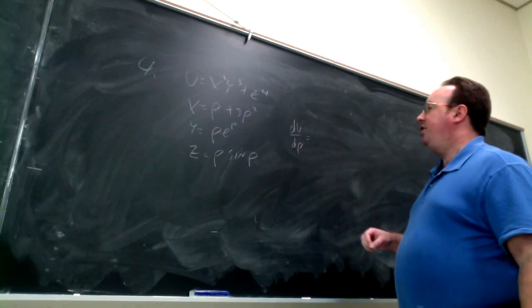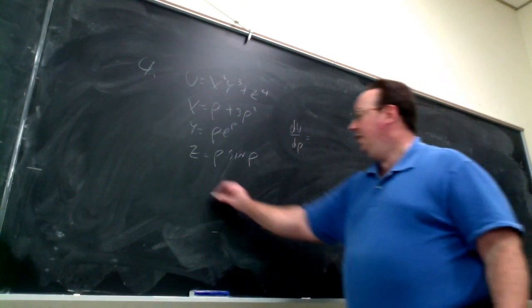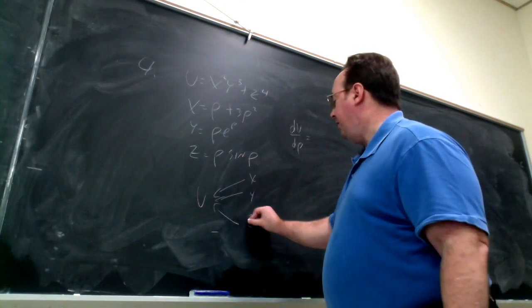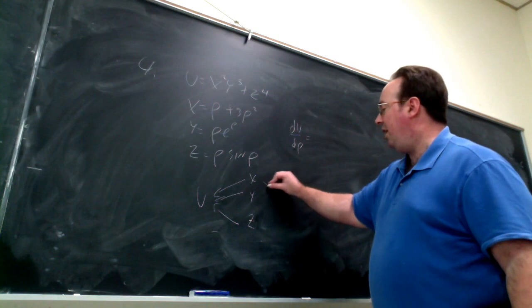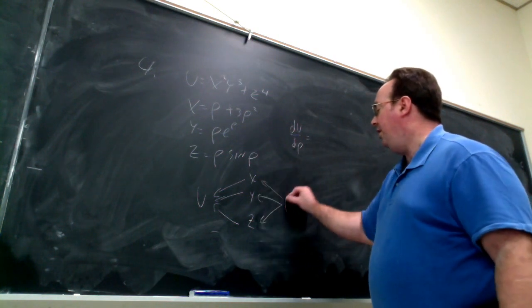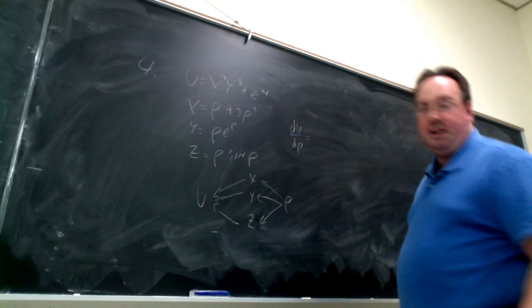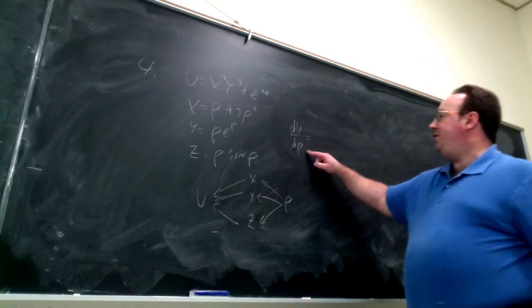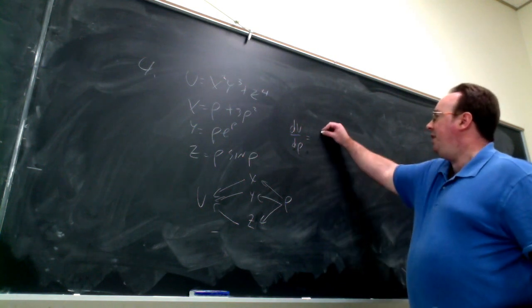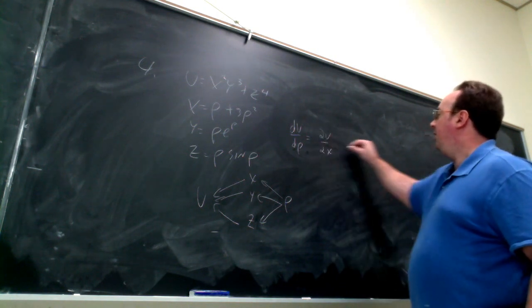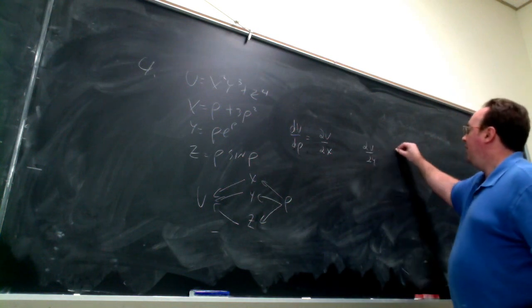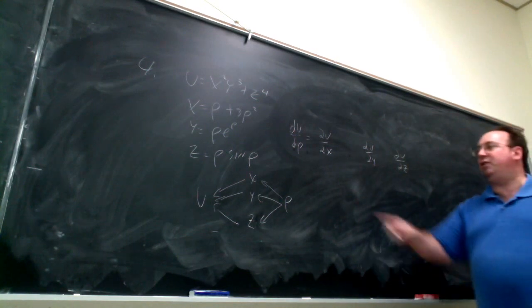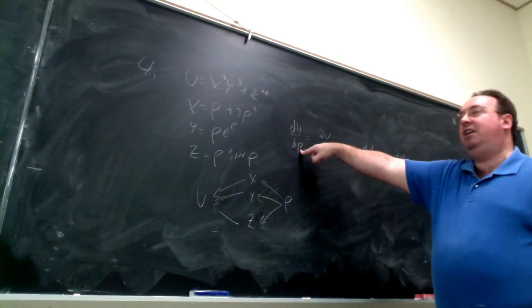So the pattern for a chain rule is, okay, u depends on x, y, and z. It's good to have this understanding of how variables interact. But x, y, and z themselves all depend on p. So ultimately u is a function of p. So x, y, and z are your intermediaries. So you differentiate u with respect to each intermediary: partial of u with respect to x, partial of u with respect to y, partial of u with respect to z. Then each of those intermediaries is differentiated with respect to whatever inner independent variable is right here.